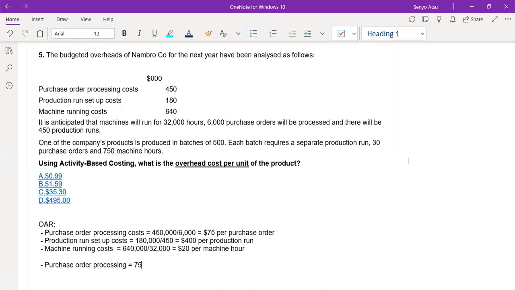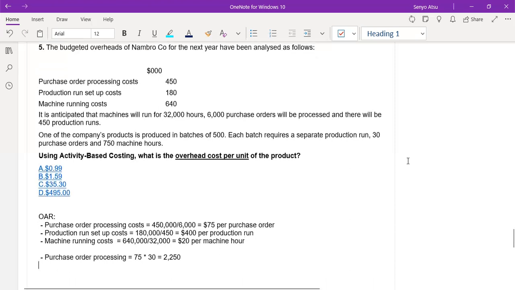$75 per purchase order. Each batch requires 30 purchase orders. So that product will be charged $2,250 for purchase order processing.